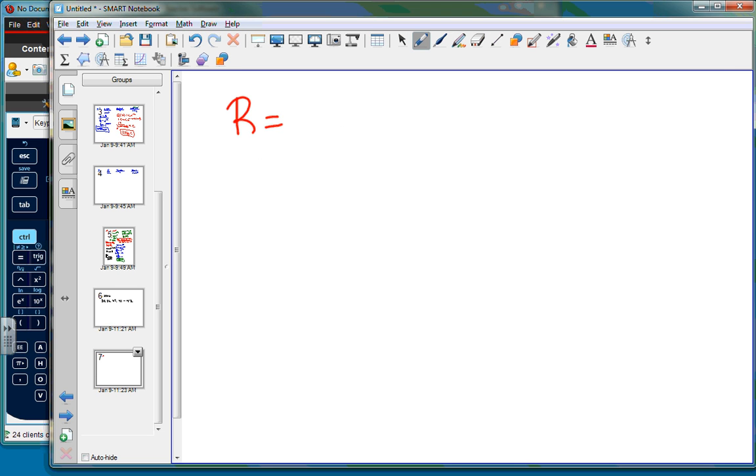R is equal to log I over I sub 0. On the Richter scale, the magnitude R of the earthquake of intensity I is given by this, where I sub 0 is equal to 1, the minimum intensity used for a comparison.